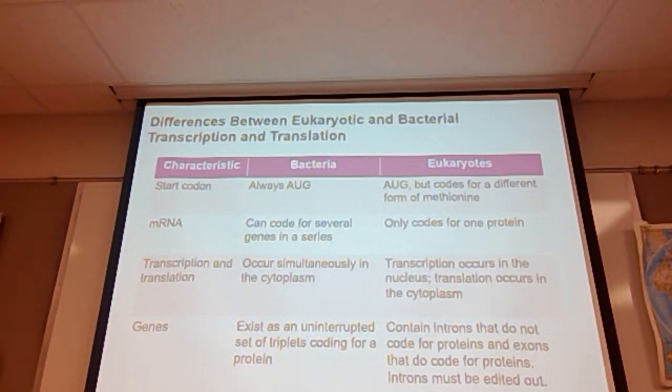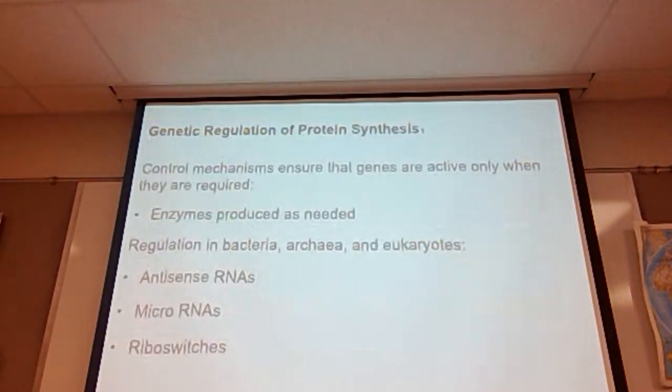Eukaryotic genes contain introns that don't code for anything, and exons that do code for things. The introns will eventually be edited out. Hopefully in your biology class you went through the process of intron excision and their removal from the product.